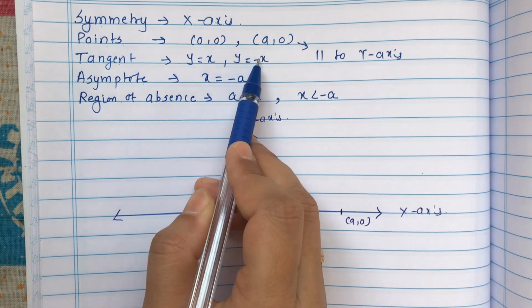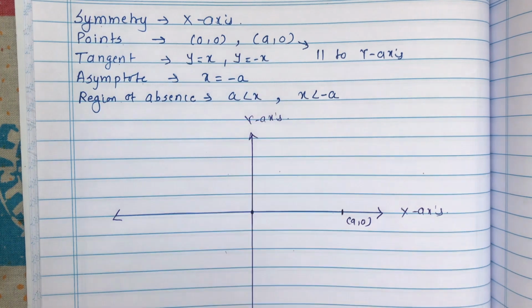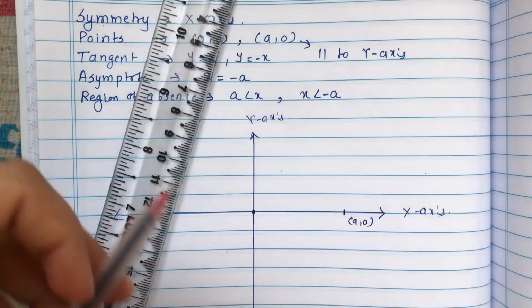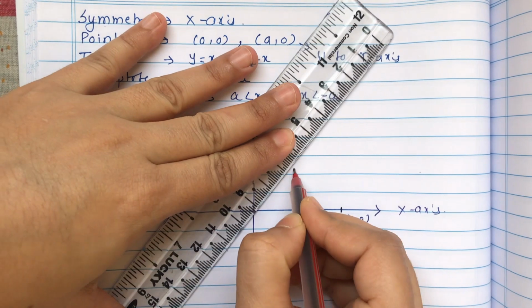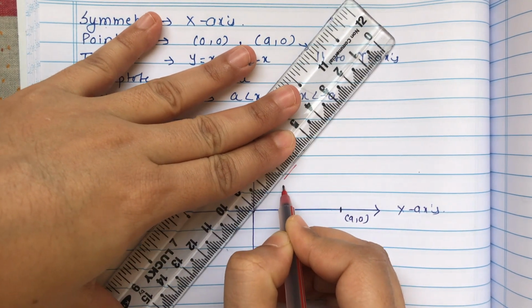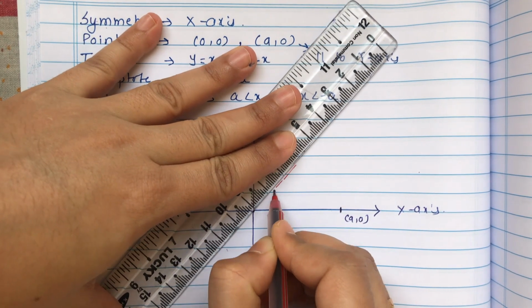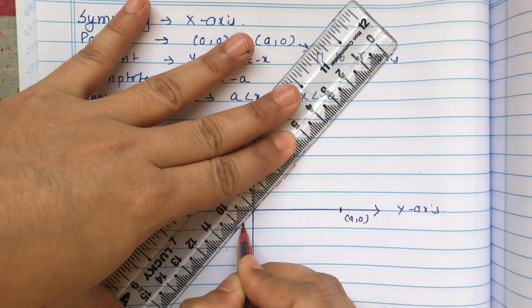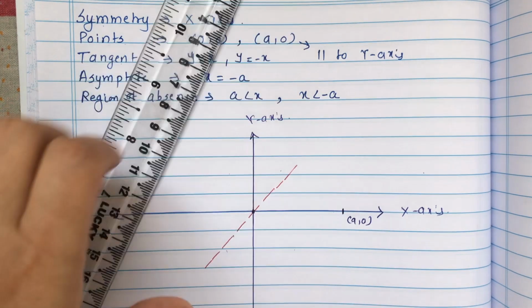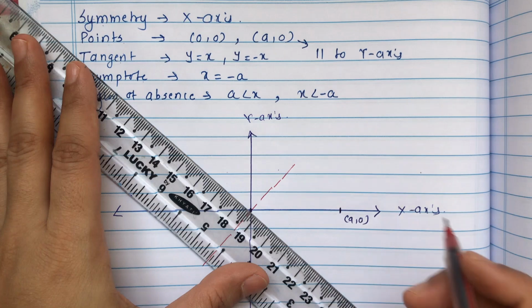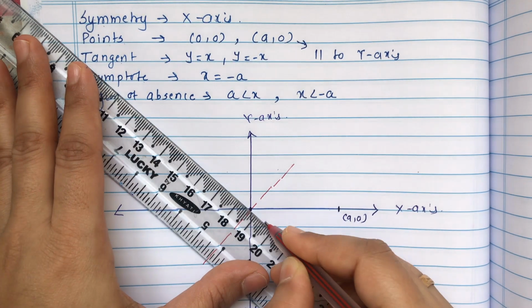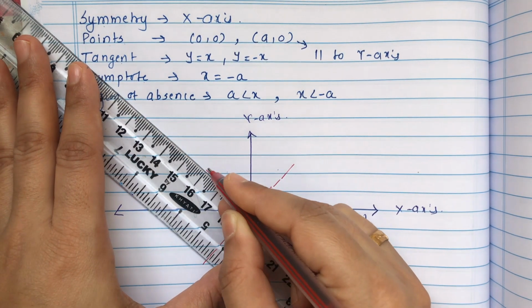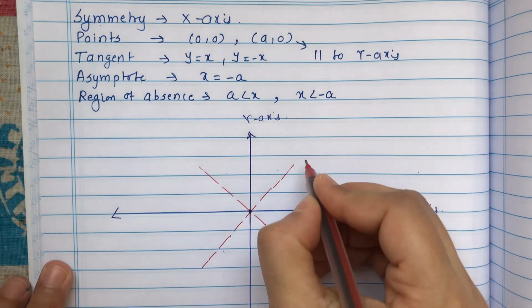Y is equal to x and y is equal to minus x. So I will draw the tangents. So this is the line y is equal to x, and this is y is equal to minus x.